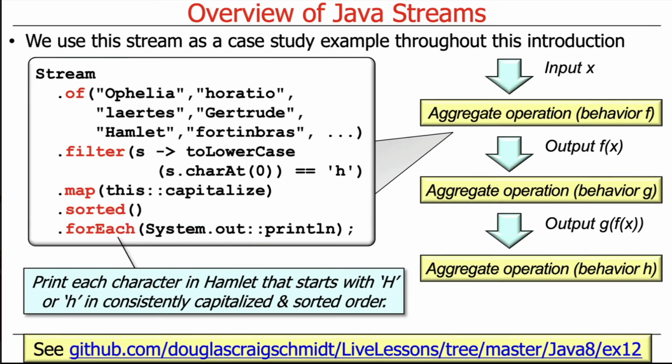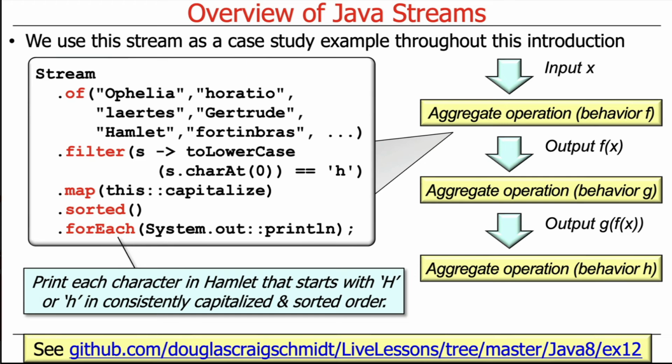Same kind of idea. We're going to use this particular little example as a case study throughout some of the intro portions. And this particular example is available here in my GitHub repository in the Java 8 EX12 folder. What it does is it takes a list of character names from the play Hamlet by Shakespeare, and it converts them into a stream using the of factory method.